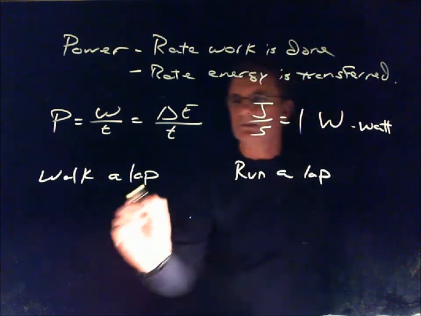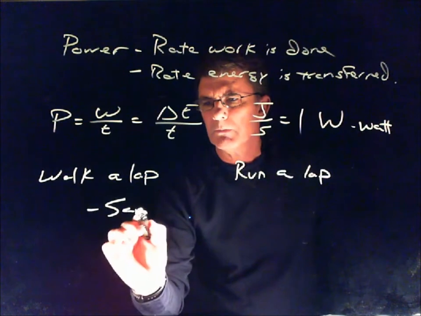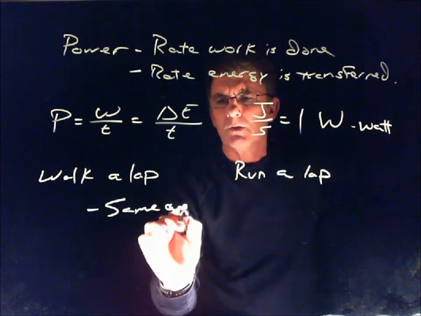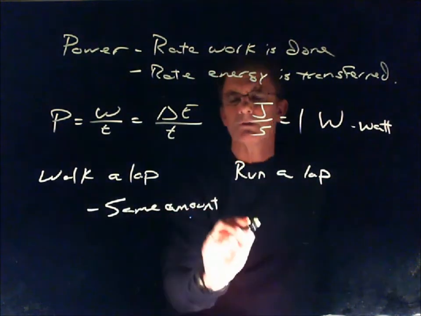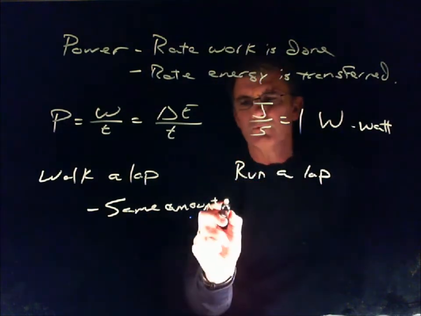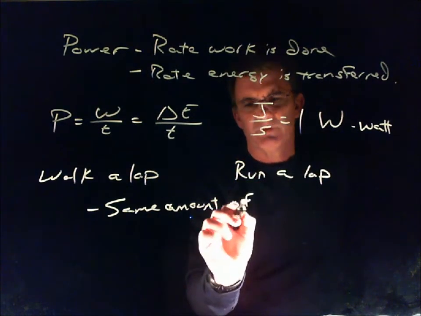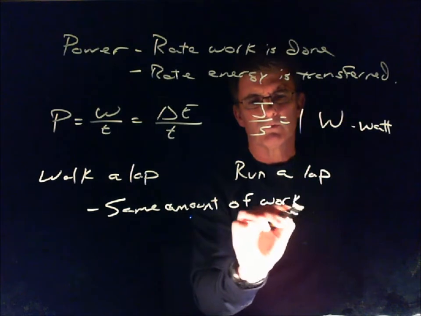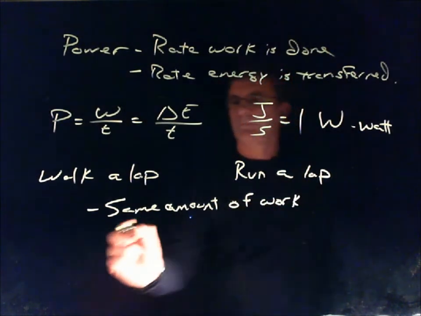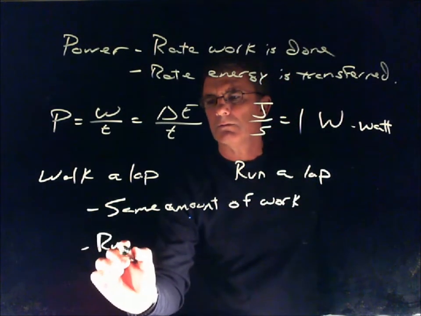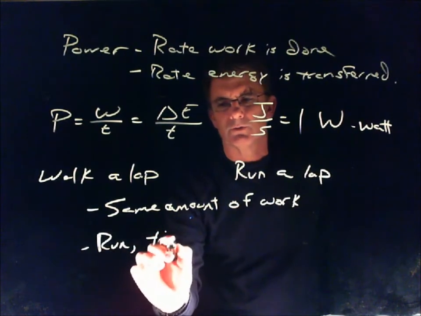In both cases, we're going to do the same amount of work. We're going to apply the same amount of force to move our body for the same distance, 1/4 of a mile. However, when we run, time's much shorter.